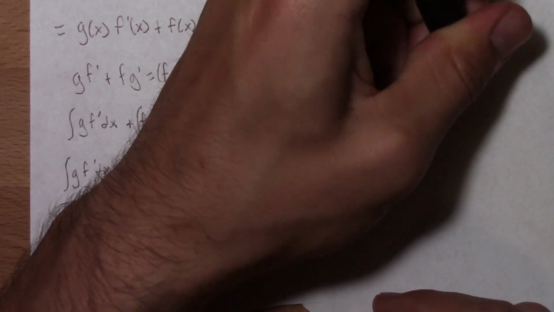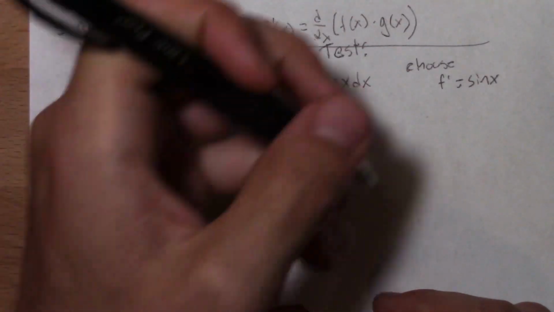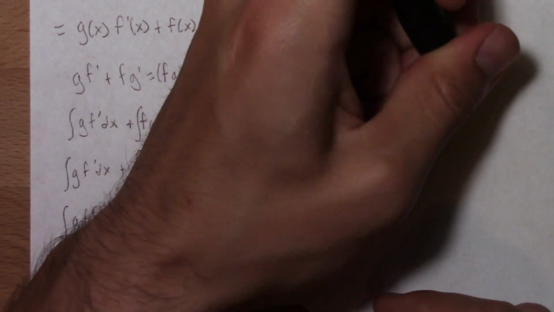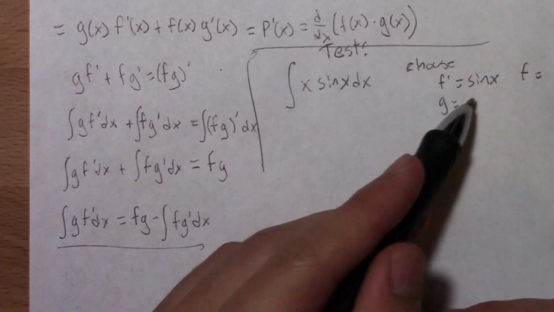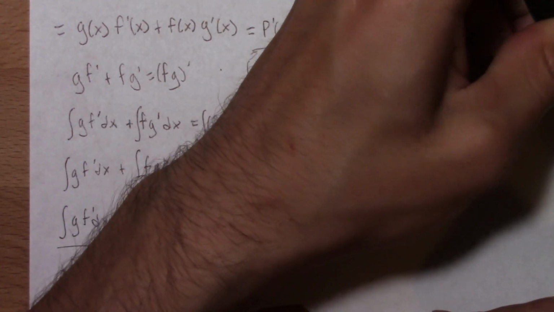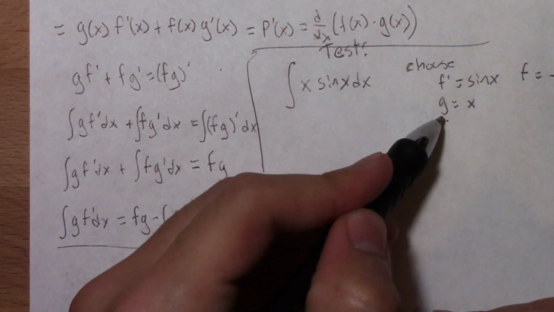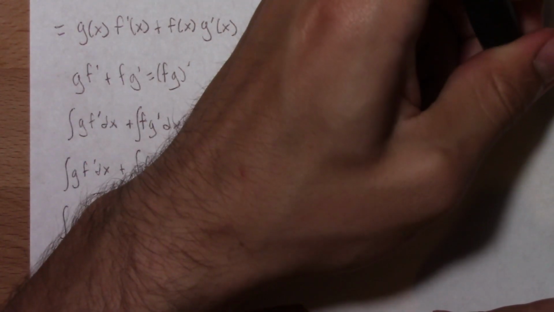Choose f prime equals sine of x, g equals x, that means f equals the antiderivative, negative cosine x, and g prime equals 1.